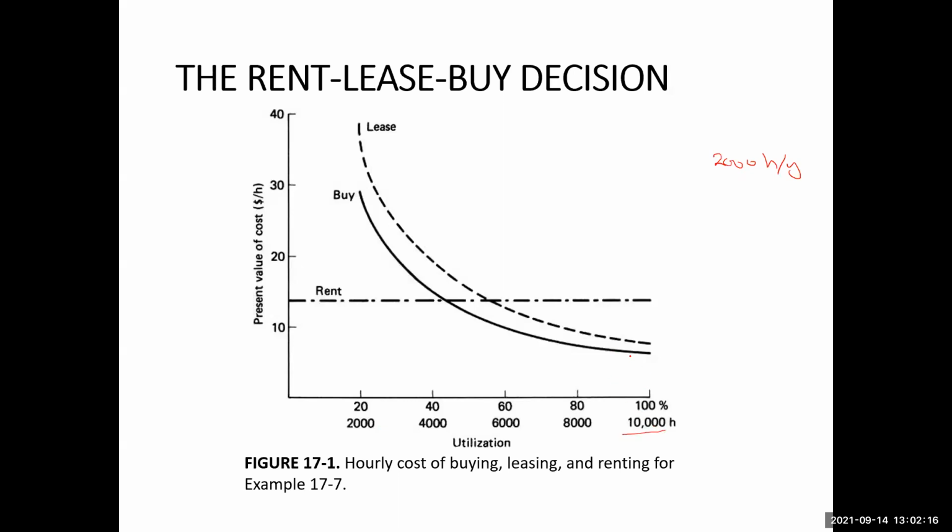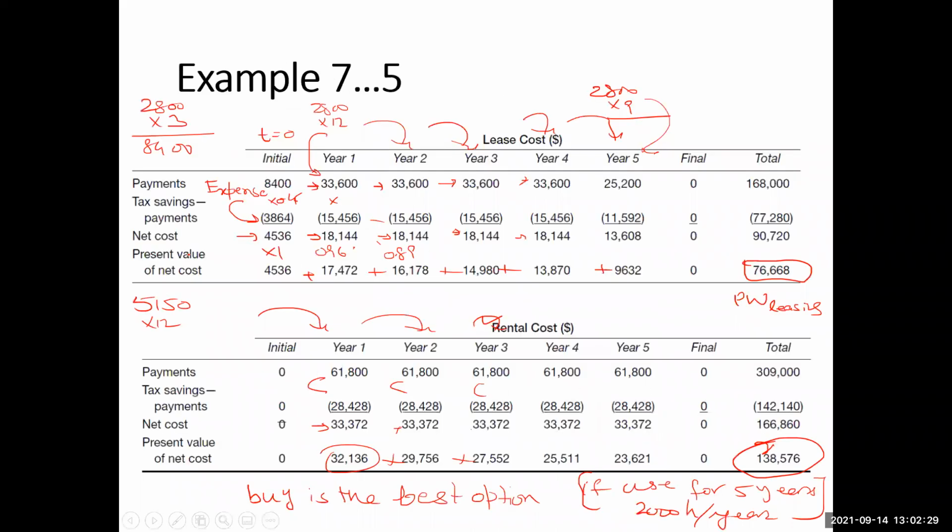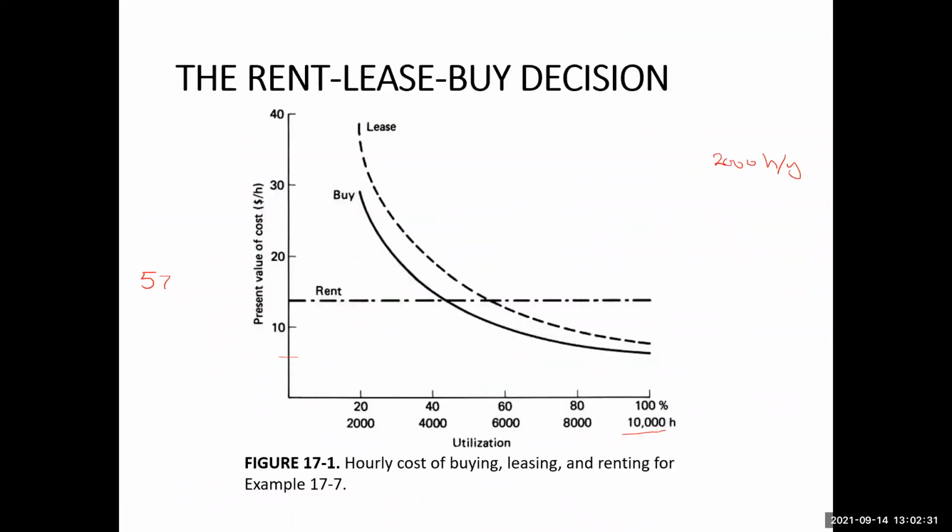Okay, so for 10,000 hours, we can see that the value for the buying was like this over here in the number of hours. So for example, earlier we calculated 57,785 dollars.